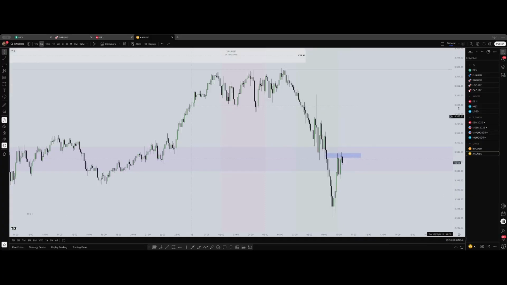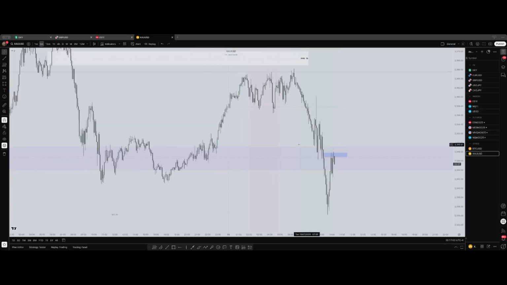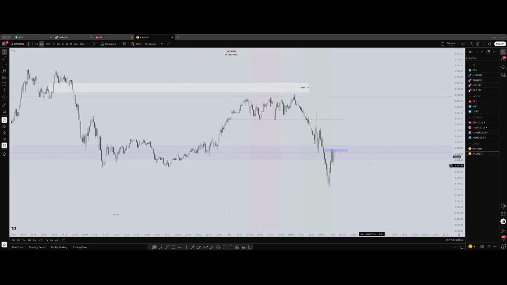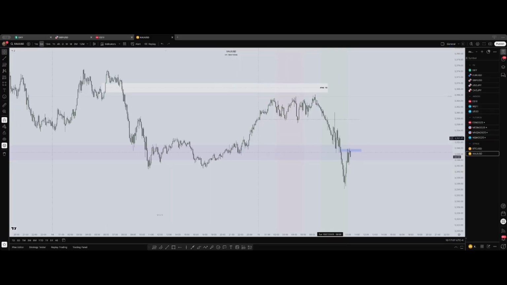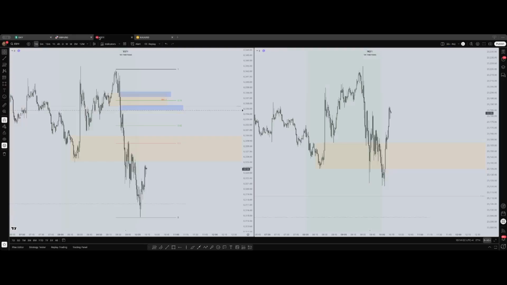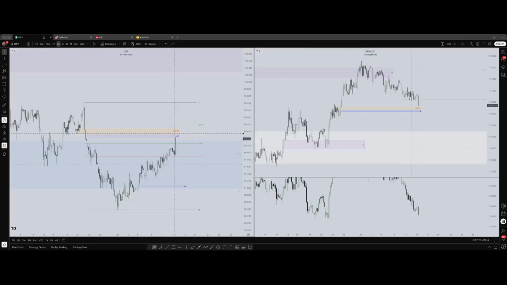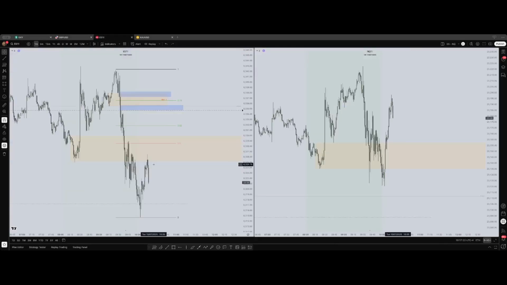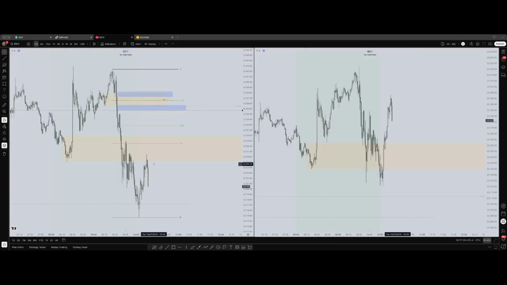So far, it seems price doesn't want to keep going higher. Maybe it drops a bit more. So far nothing, guys, as you can see.